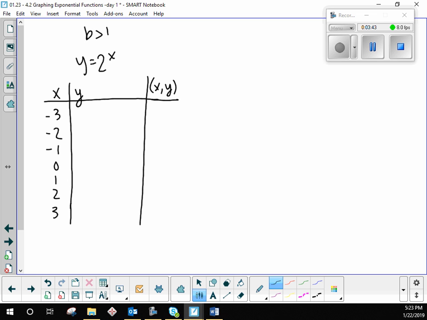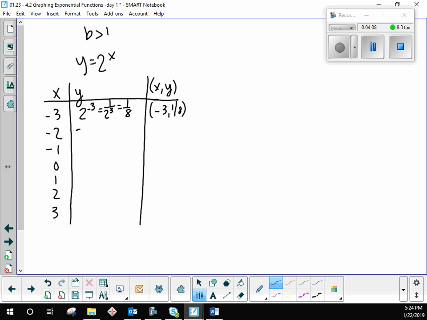So when x is negative 3, and I plug it into the function, that gives me 2 to the negative 3. Well, when you have a negative exponent, the rule is to flip and make the exponent positive. So that means 1 over 2 to the positive 3, which is 1 over 8. So when x is negative 3, y is 1/8.